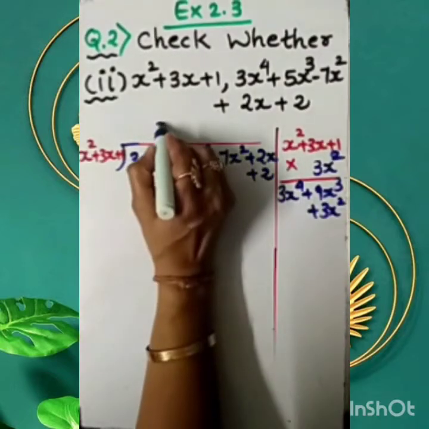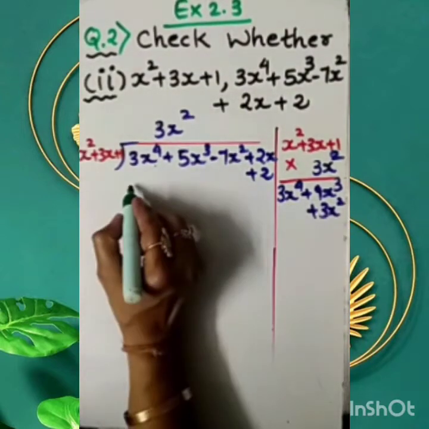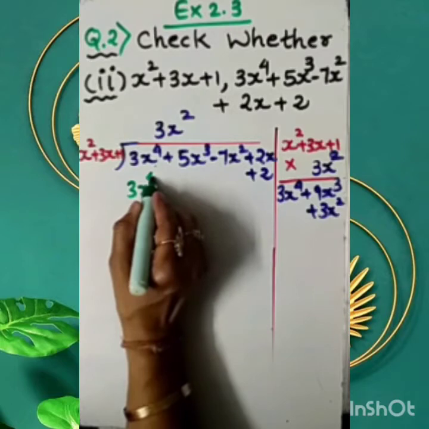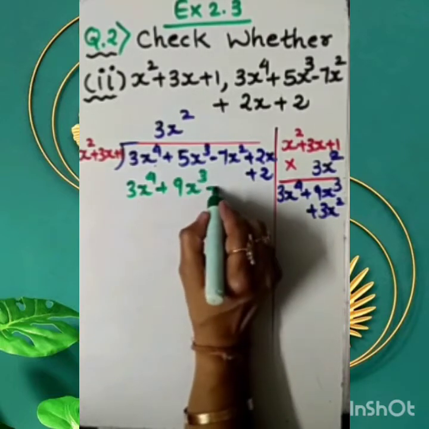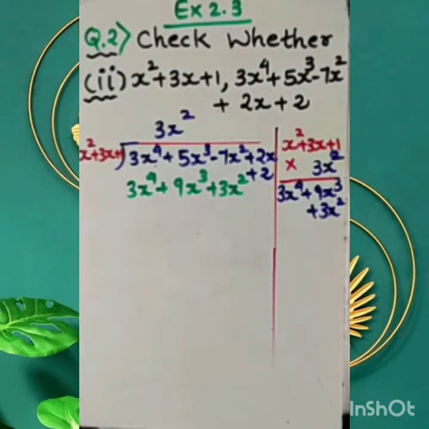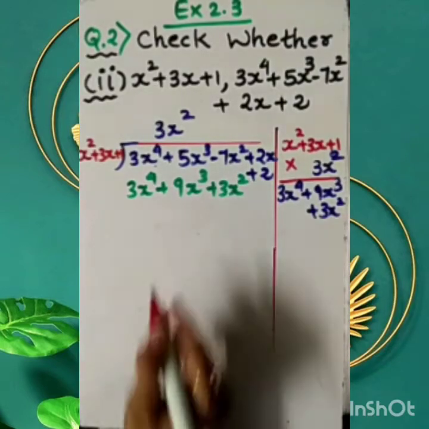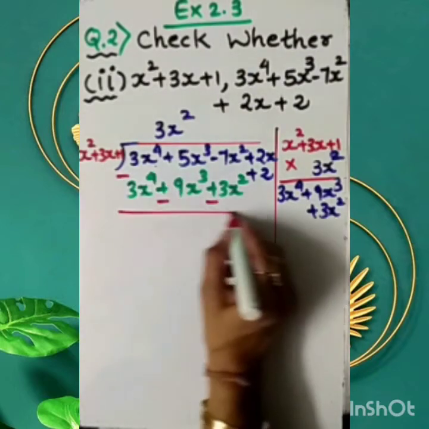So we are multiplying with 3x square. What are the results? Let me note down: 3x to the power 4 plus 9x cube plus 3x square. Now I need to change the sign as usual. This plus will be minus, this will be minus.